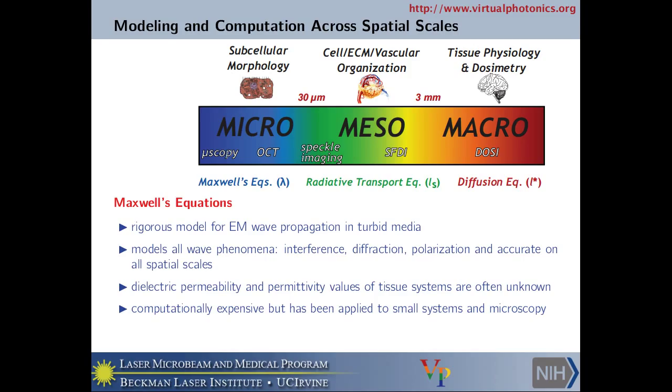Progress has been made in the last 5 to 10 years in solving Maxwell's equations rigorously using finite difference time domain methods and pseudospectral domain methods, for very small volumes of tissue that are roughly 50 to 100 micron characteristic length. But these computations take literally hundreds to thousands of hours on large clusters of computers.